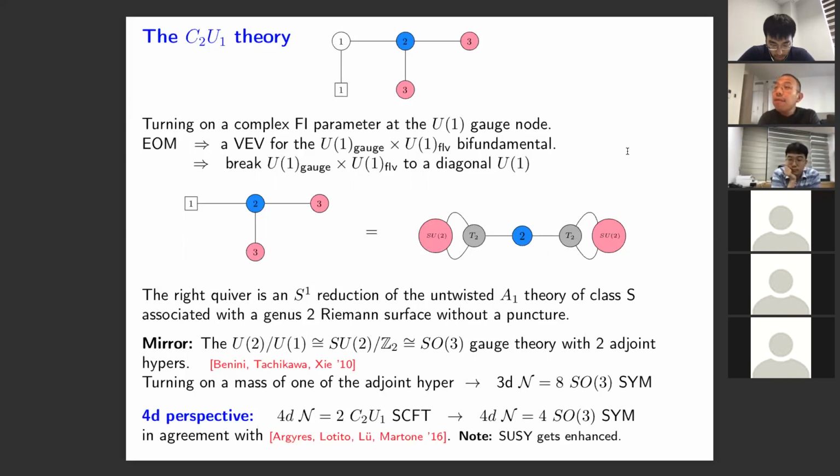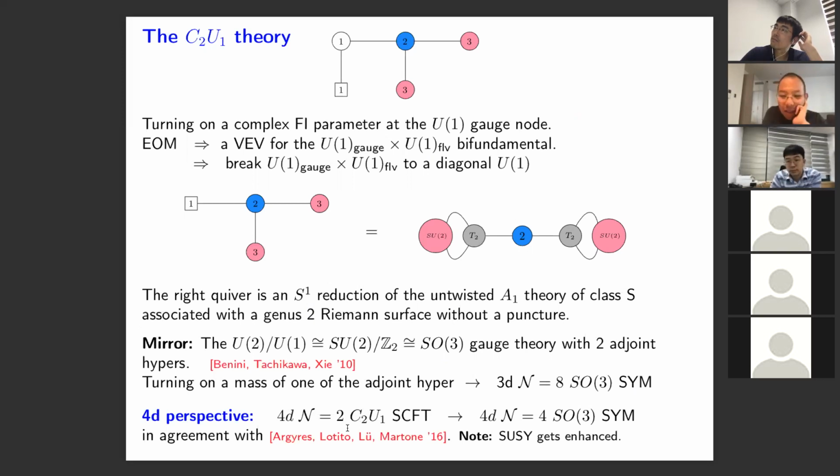Given a theory of class S, maybe you can tell me, is there a way to read off one-form symmetry? I'm not sure how to do it. That would be an interesting question. I agree with you that the SO3 theory has this. But from the SCFT, the C2U1, it's not immediate to me at all.